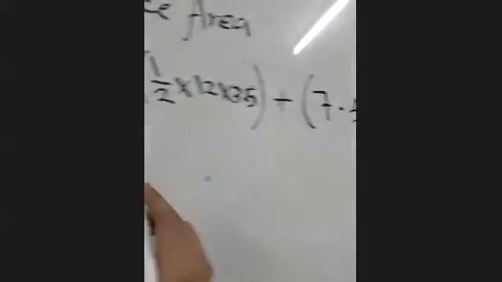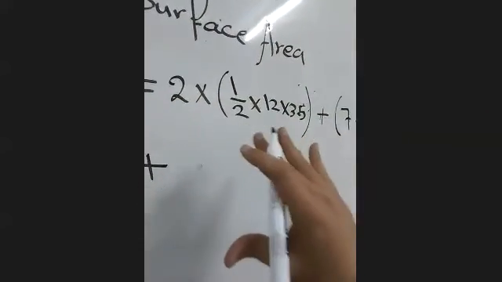This is the bottom, plus the side. Who can give me the area of the side, guys? The side, this side, this small one. Nidal. Yes, mister. What's the area of the side rectangle? The length is 7.5. The length, mister.